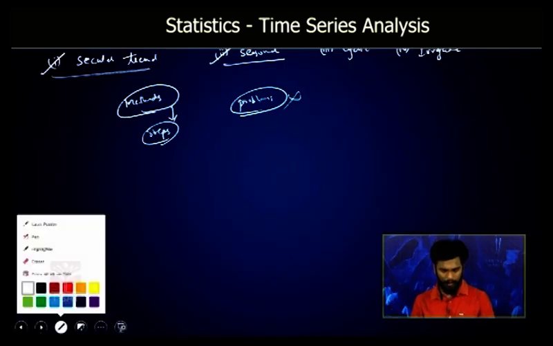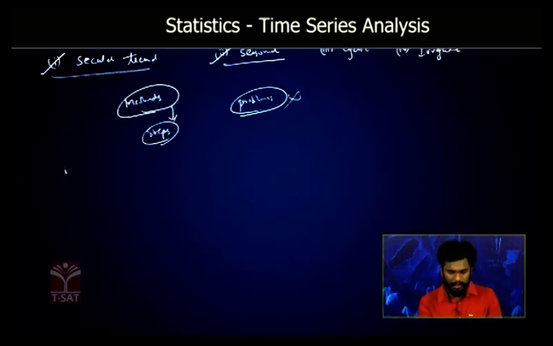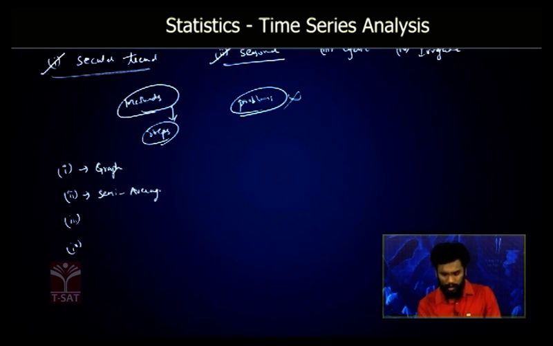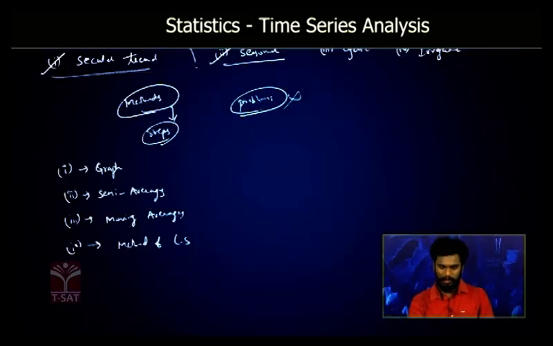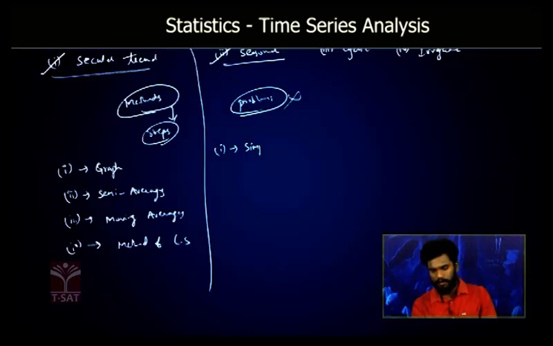They cannot ask mathematical problems; there is no possibility of that. For calculating the secular trend, we have four methods. The first one is the simple graph method. Second one is semi-averages. Third one is moving averages. The fourth one is the method of least squares. When coming to seasonal variations, we have the simple averages method.